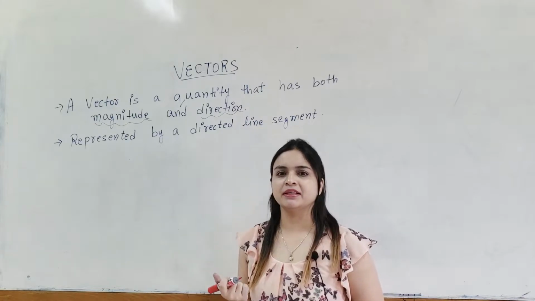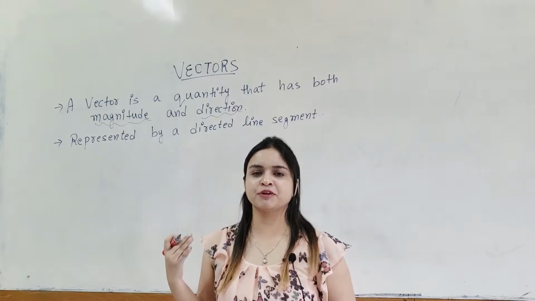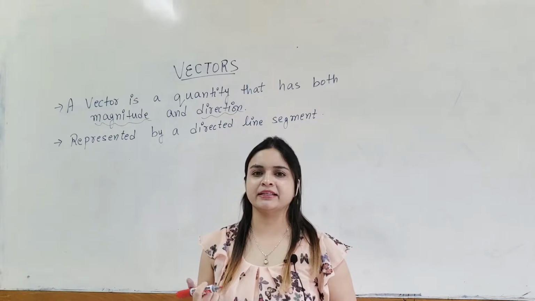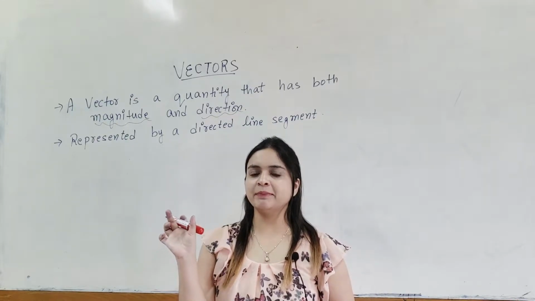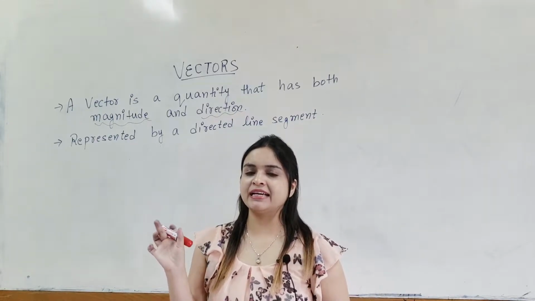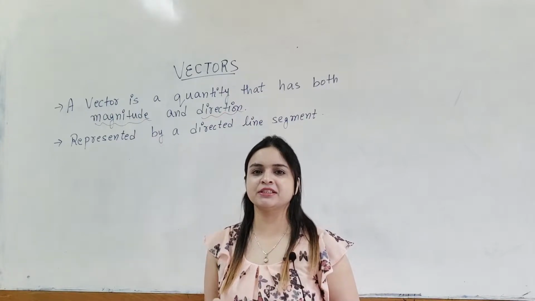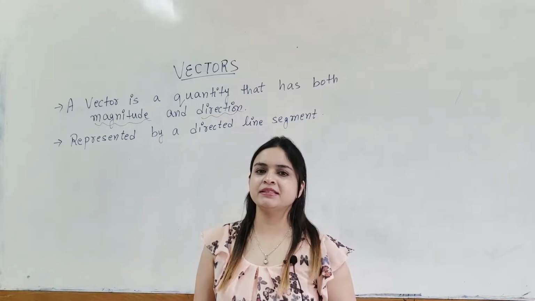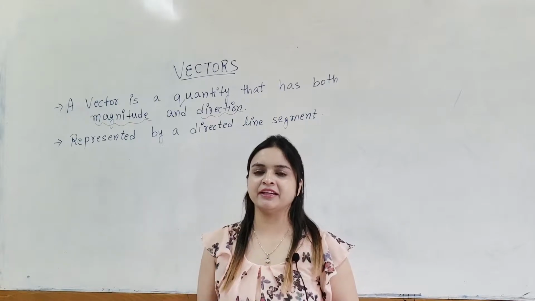For example, if I say my house is 50 kilometers from the market, I only mention the distance. That means I only mention the magnitude.